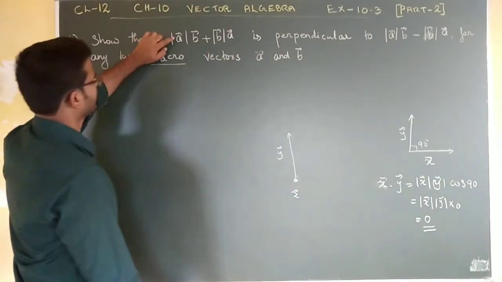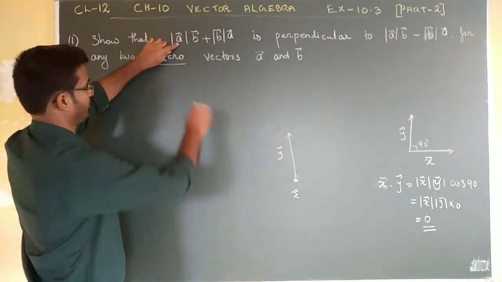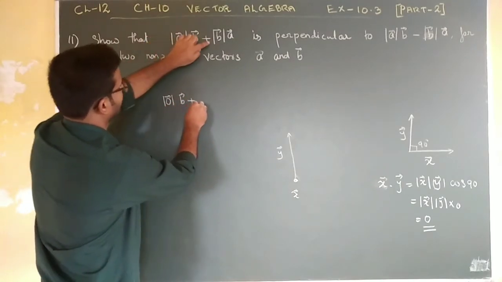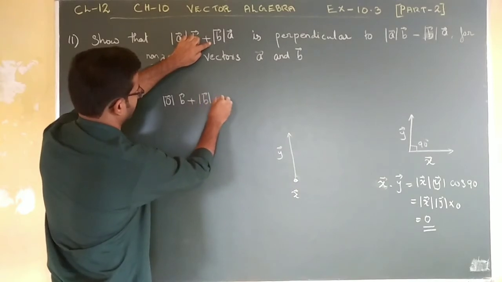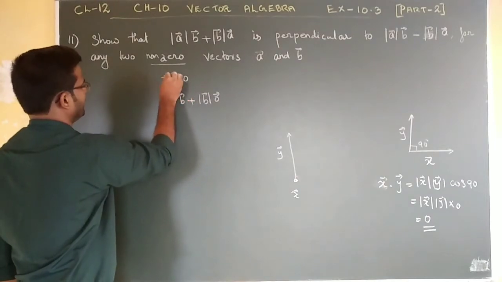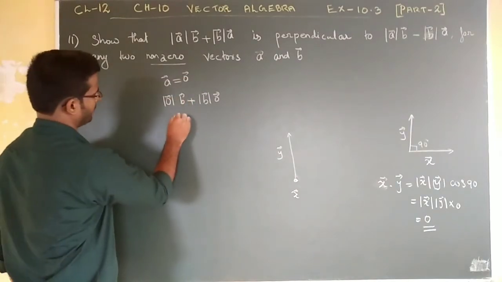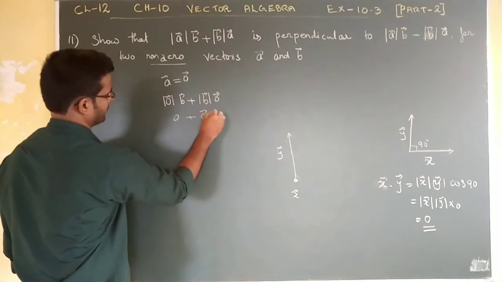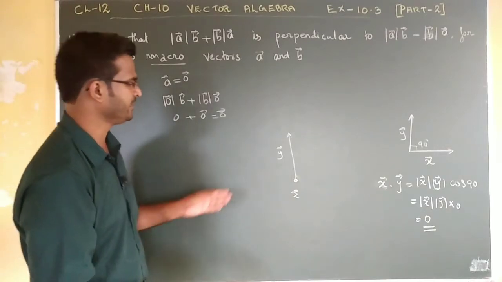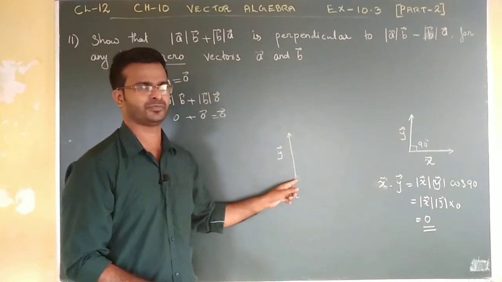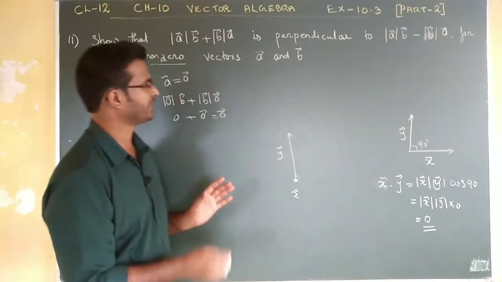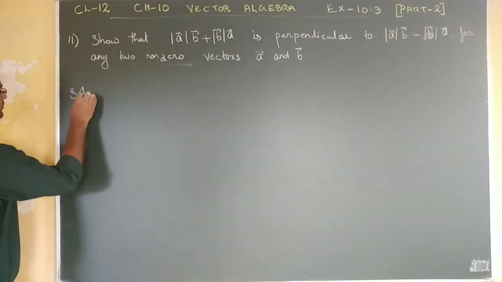Look, if I consider a vector is zero vector, magnitude of zero vector, b vector plus magnitude of b vector, zero vector. In this first case, if I consider a vector is zero vector, then this part will be 0 plus here 0 vector. What do you get? You will get the first vector as 0 vector. Then the angle between 0 vector and another vector we cannot find. 0 vector means only 1 point, no magnitude.